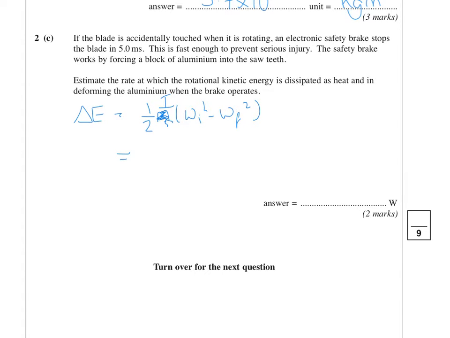I've still got the inertia in my calculator, so I'll divide that by 2 and times by 2600 times 2 times pi divided by 60, all squared, which gives you, I'm going to keep this in its rounded form, 442 pi. And that happened over 5 milliseconds, so divide by 5 times 10 to the minus 3.